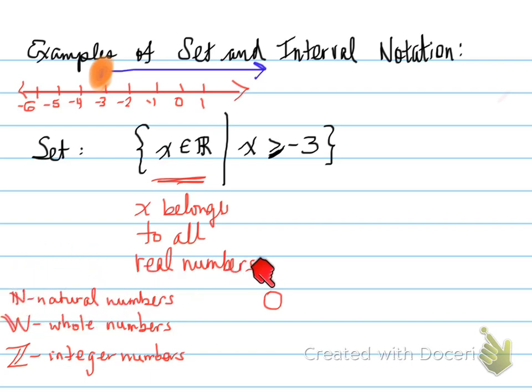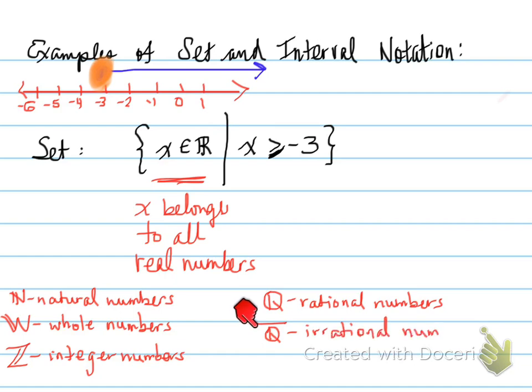Next, somewhere along in your number career you were introduced to rational numbers. Rational numbers are all numbers that can be expressed as a fraction. There are, in fact, numbers that can't be expressed as a fraction. That is, Q with a bar on top represents the irrational numbers.